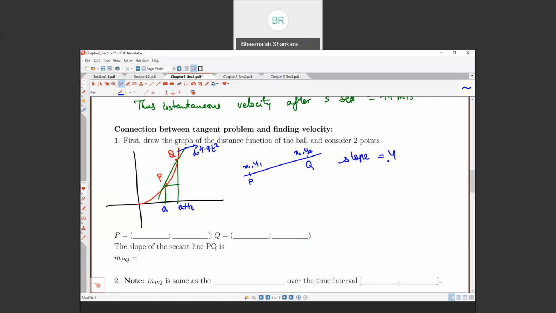You know slope is rise over run, so it's the subtraction of y coordinates divided by the difference of the x coordinates. Now we all know that the distance function is 4.9 t square. So I want you to write here that the slope of the secant line is the same as the average velocity.